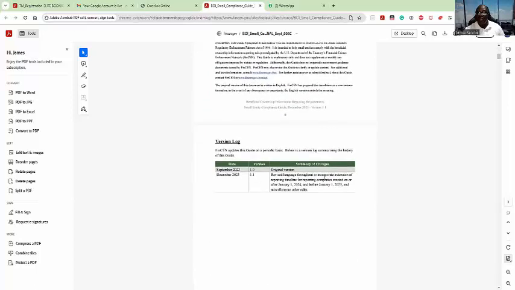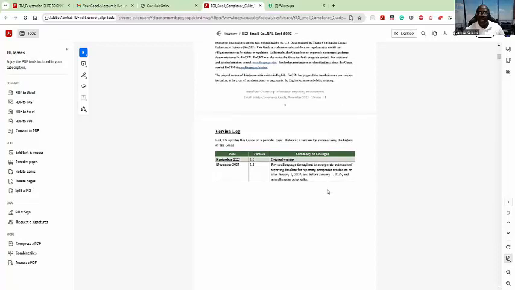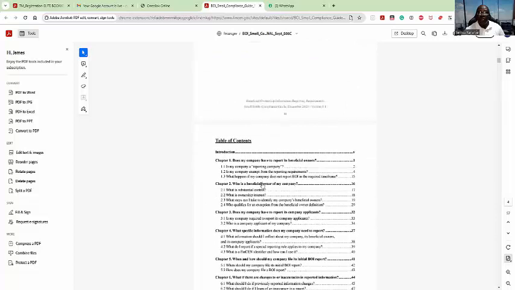Revised language throughout to incorporate extension of reporting timeline for reporting companies created on or after January 1, 2024, and before January 1, 2025. Is my company a reporting company? Is my company exempt from reporting requirements? What happens if my company does not report? What is the time frame? Who is a beneficial owner?